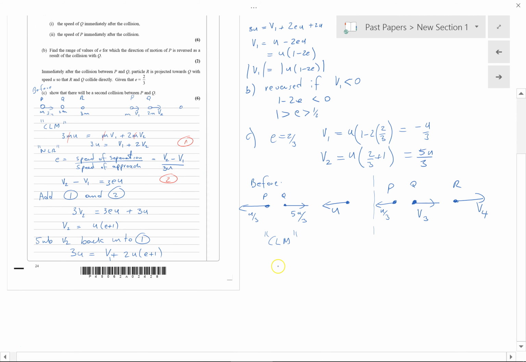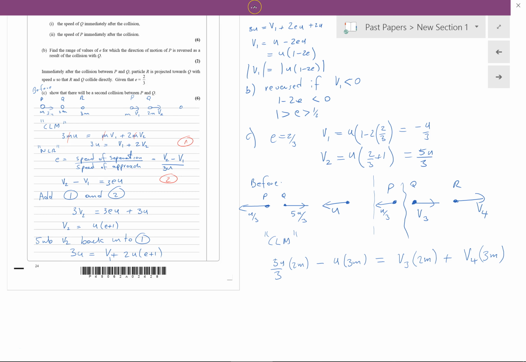So we've got 5U over 3 times 2M minus U times 3M, because that's going in the opposite direction here, equals, remember it's these two that we're actually looking at, V3 times 2M plus V4 times 3M.